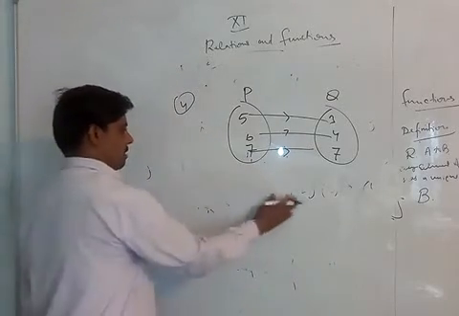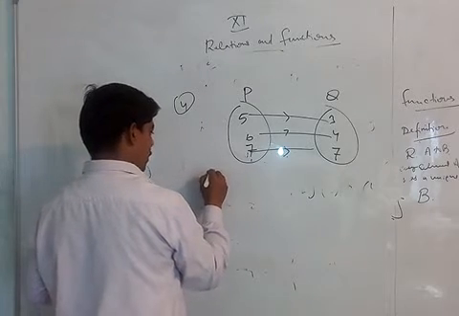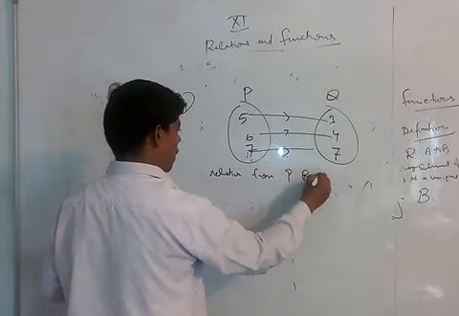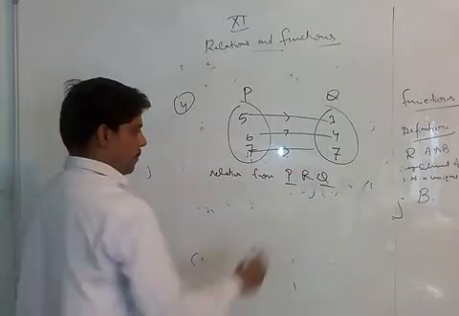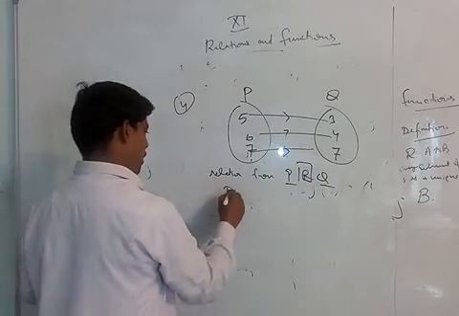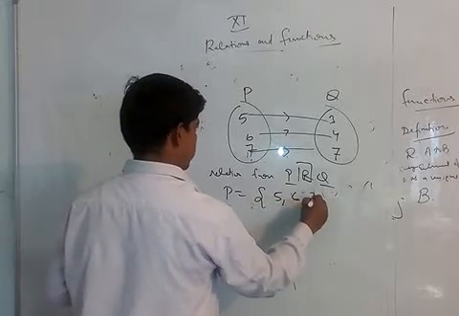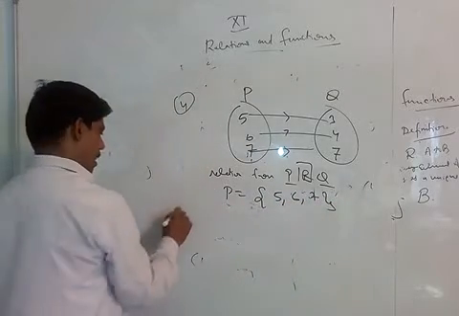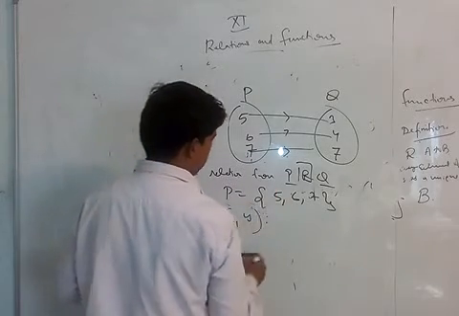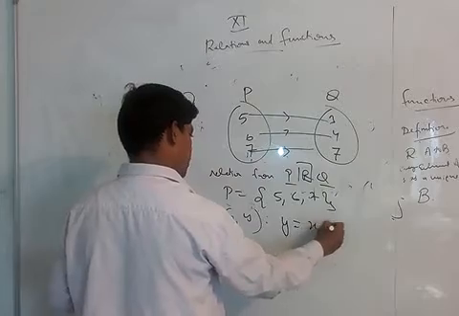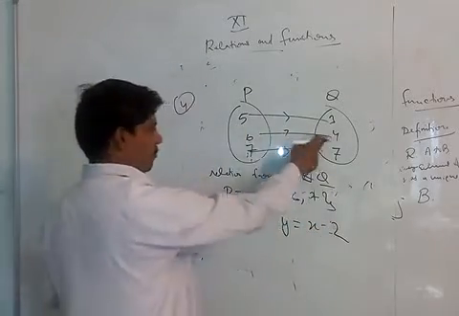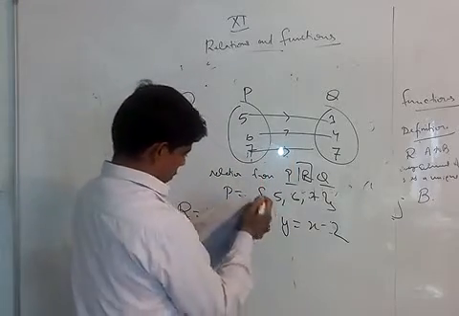So we can say define relation R from P to Q, meaning P to Q. This is the symbol of relation, where P is equal to {5, 6, 7}, and R is equal to {(x, y): y = x - 2}. Look, 5 minus 2 is 3, 6 minus 2 is 4, 7 minus 2 is 5, okay?